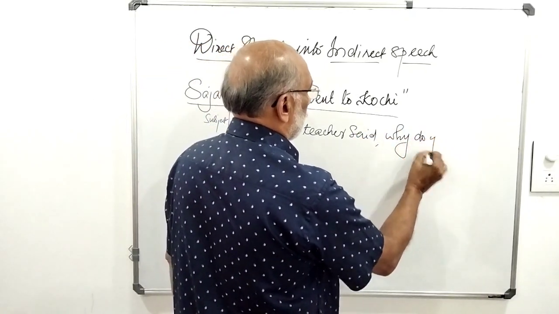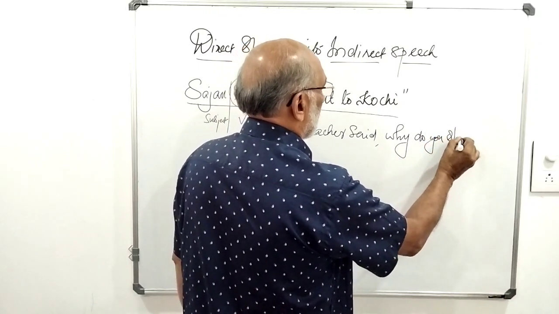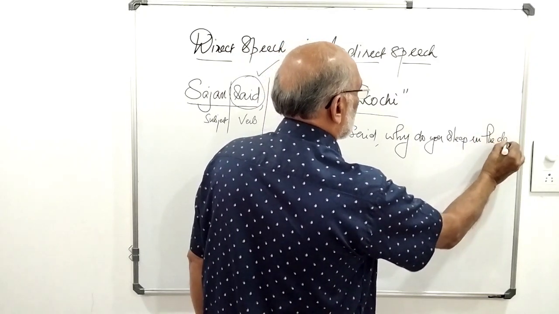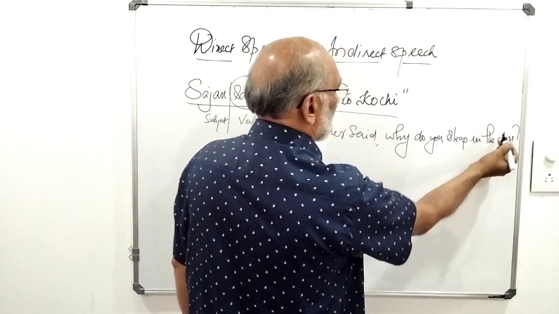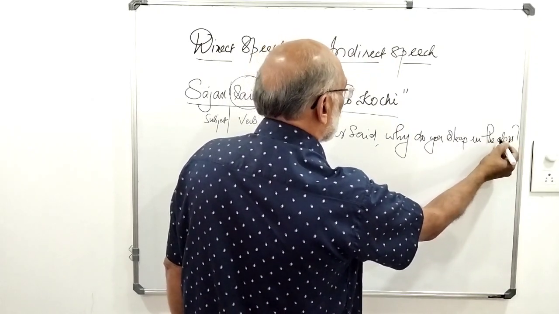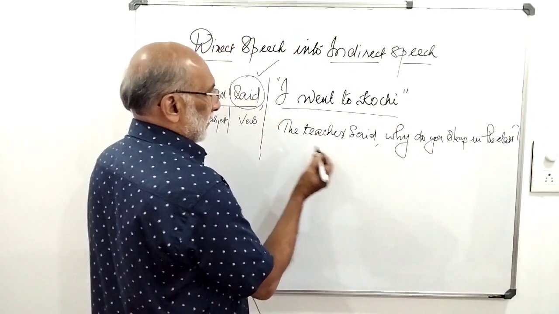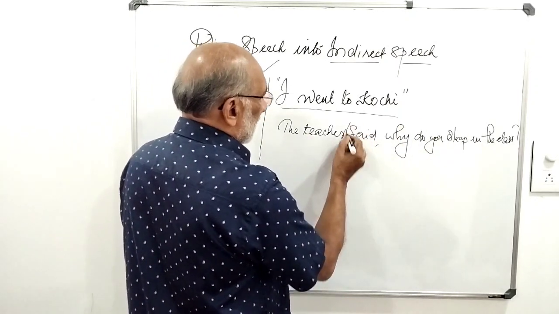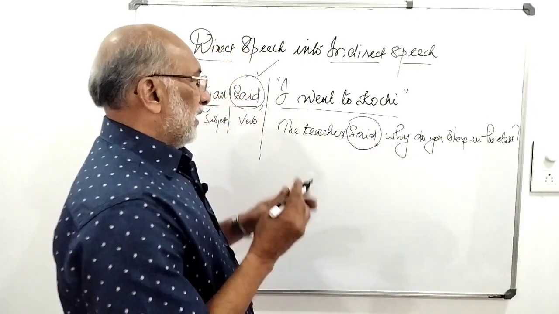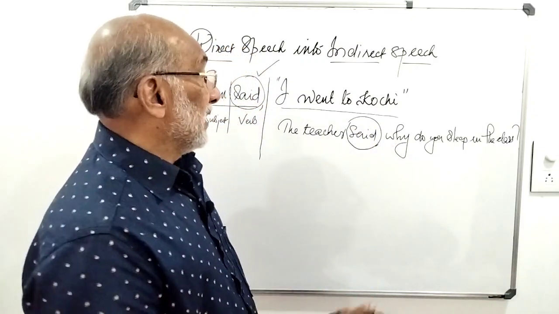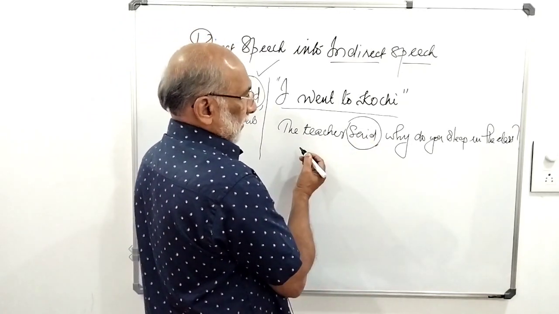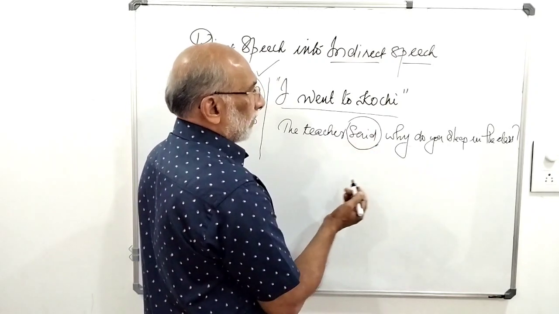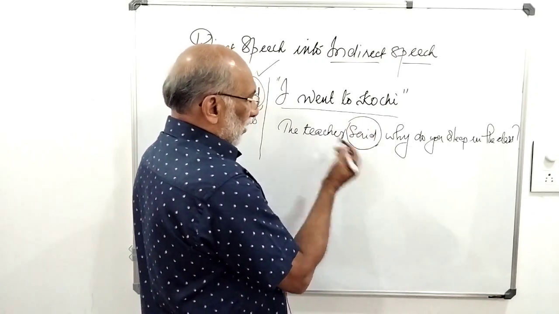Okay, this is a question, so naturally we have to use a question mark at the end. The teacher said, why do you sleep in the class? Here see, the reporting verb that you used is said, but it's a question, so it's not proper. We have to use a different reporting verb. So let's come to that.